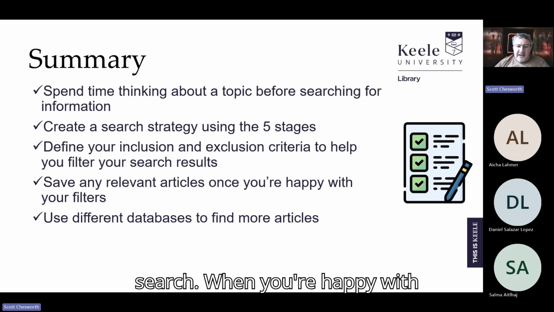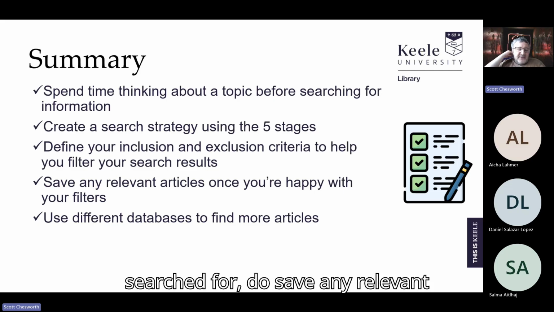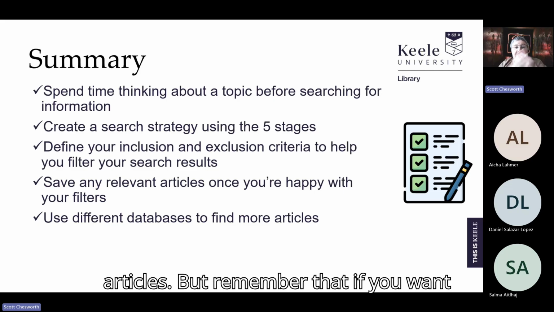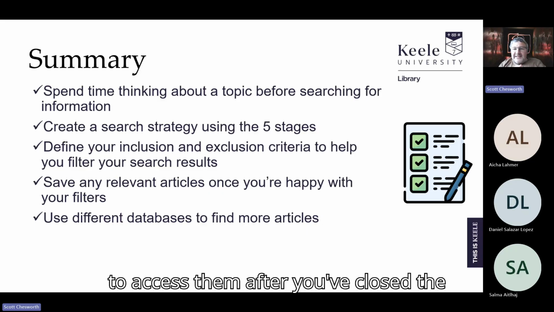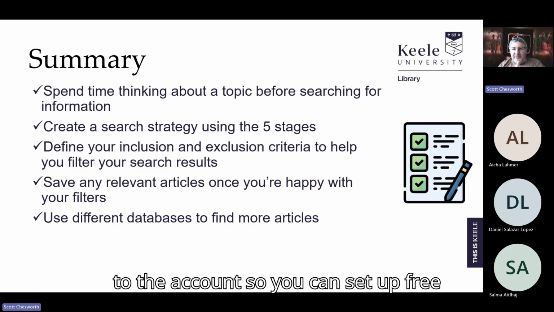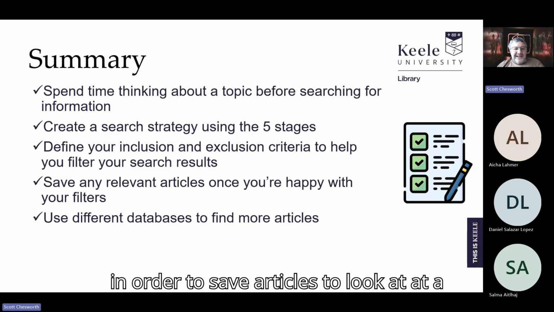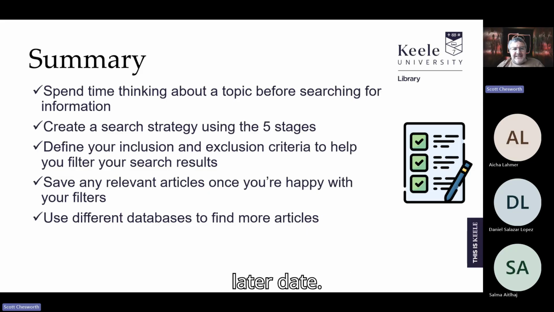When you're happy with what you've saved, with what you've searched for, do save any relevant articles, but remember that if you want to access them after you've closed the session down, you have to be signed in to the account, so you can set up free accounts within all of the databases in order to save articles to look at a later date.